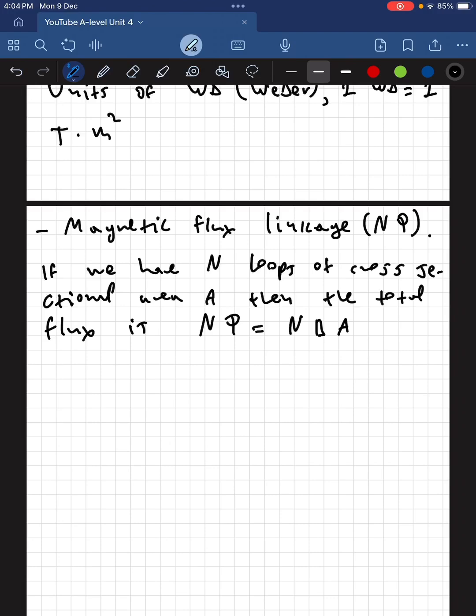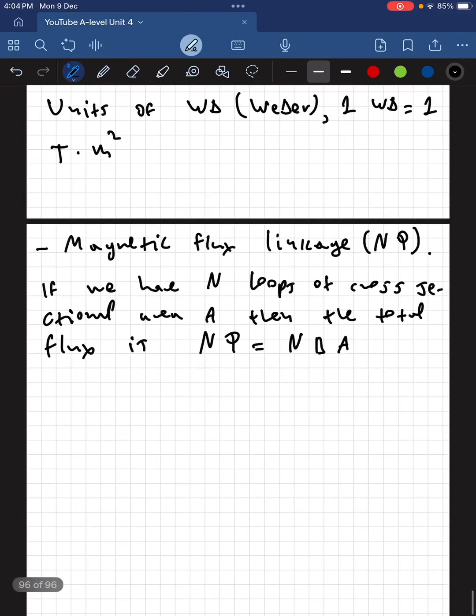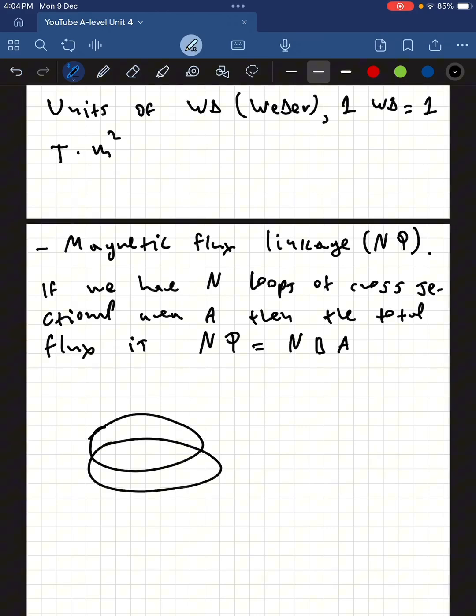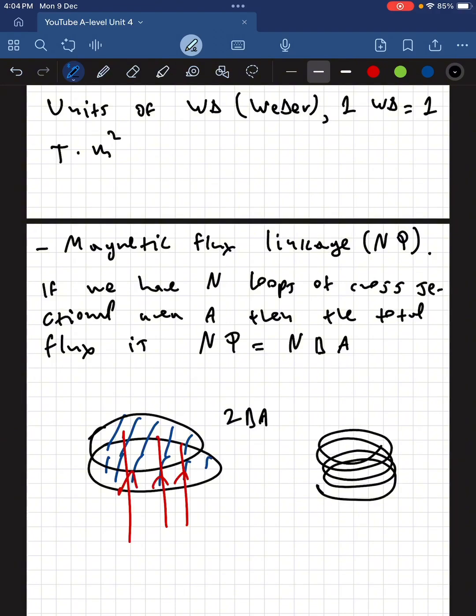And let's draw that. So let's say we have one loop here and another loop here. Sorry for the bad drawing. Let's assume that the cross-sectional area is actually the same. I know it's not, but let's assume it is. So the flux linkage for this case is going to be 2BA, right? And if we have a coil, which is most usually the case, it looks like this, okay?